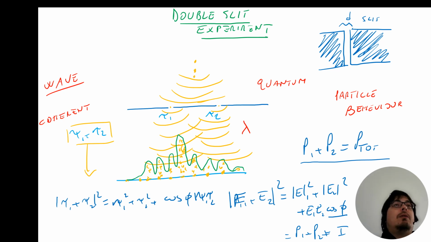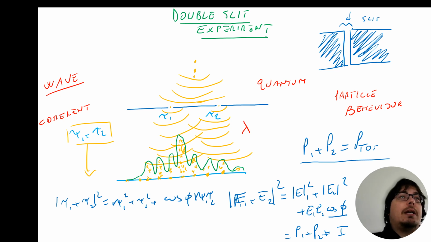Okay, so as you can see, it's a mixture of wave and particle, because we can see the wavy pattern appearing due to the coherence of the wave and the interference, but we see that it's a particle behavior because it happens one photon at each time.